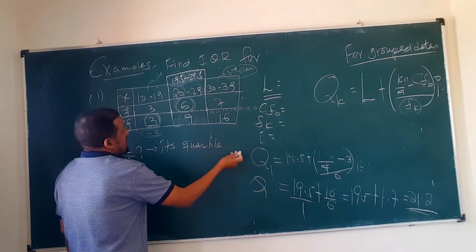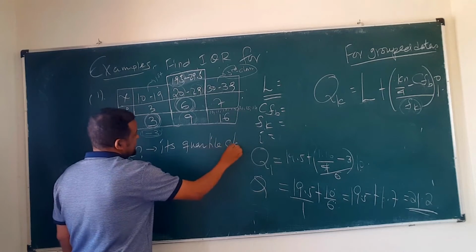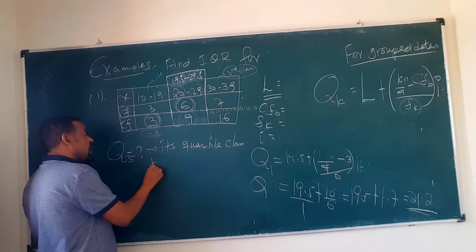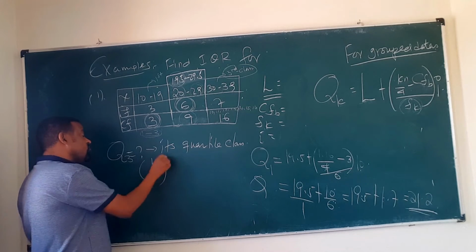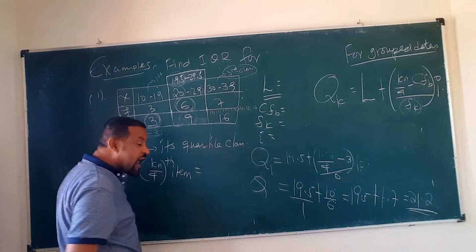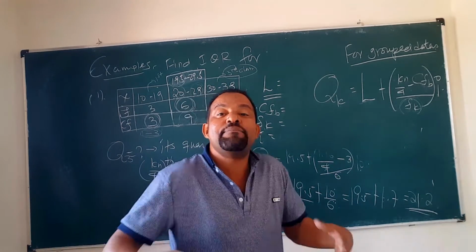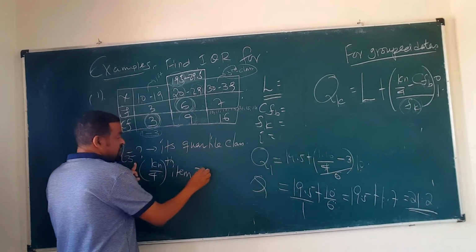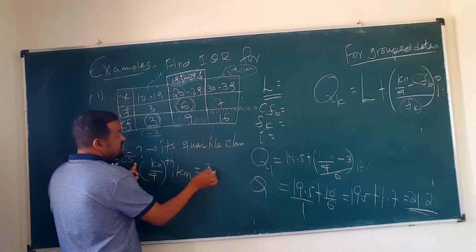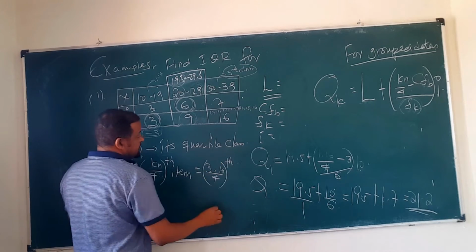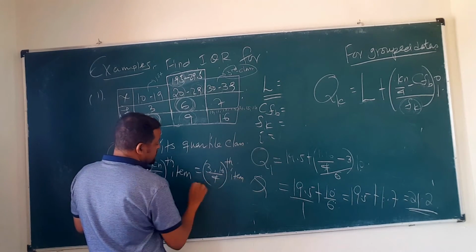That means the third quartile class, which is given by the class where the Kn/4 item lies, which is the case for the quartile class, but in our case k is 3. So 3 times our n, 16 of course, over 4.